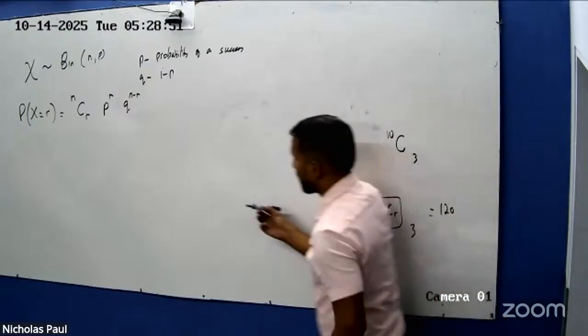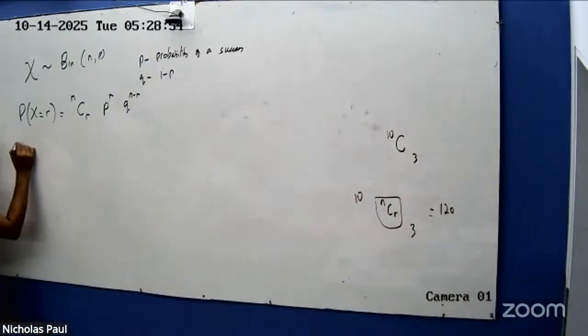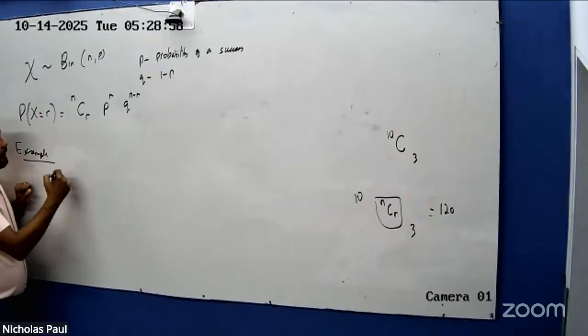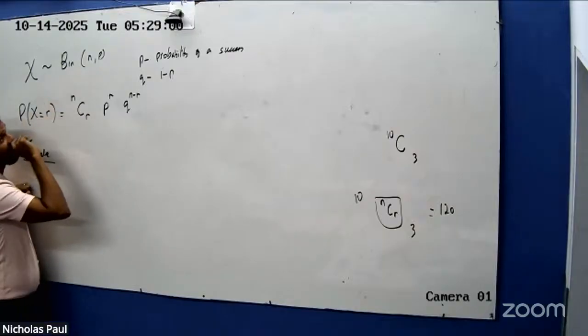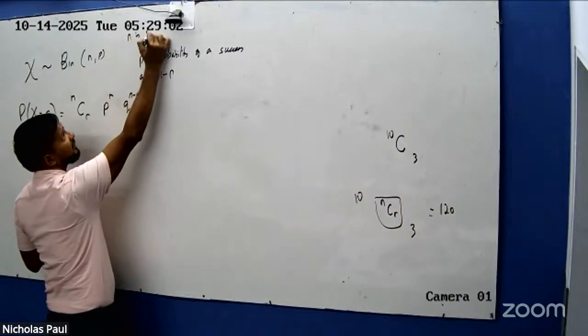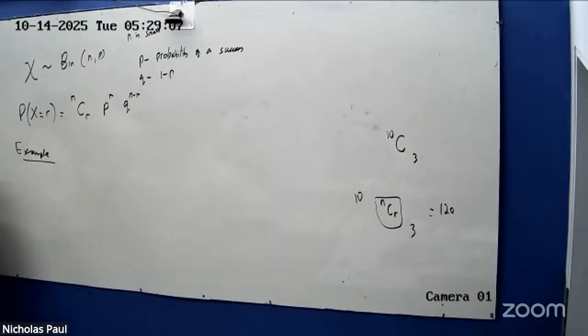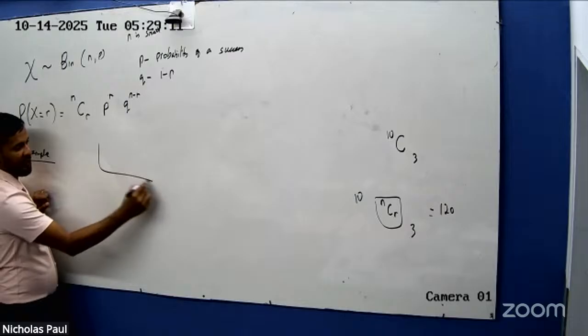Okay, so let's just do a quick little thing here. Let's make up some numbers. Again, you'll recognize that n is small. If n gets too big, it's no longer a binomial, it's no longer discrete. n is still small, so you might see something like this.